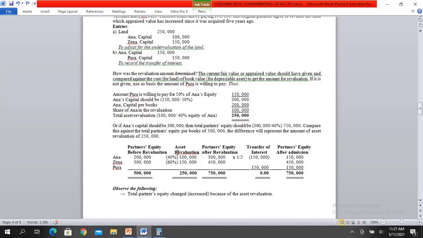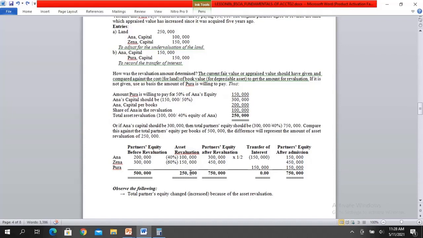So, ibig sabihin, kung 40% mapupunta kay Ana, yung 60% mapupunta kay Zina. Ayan.